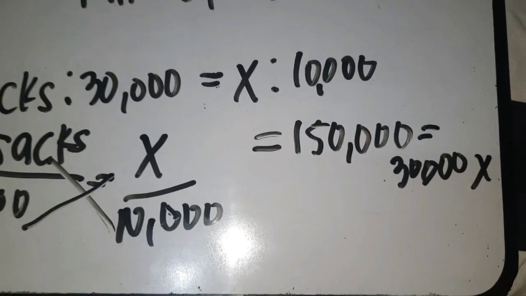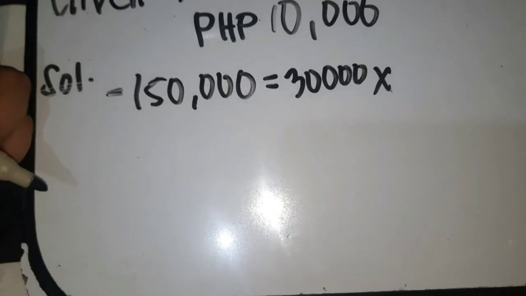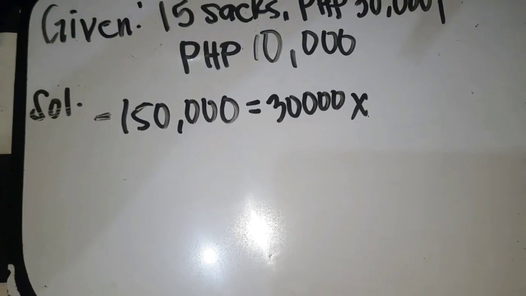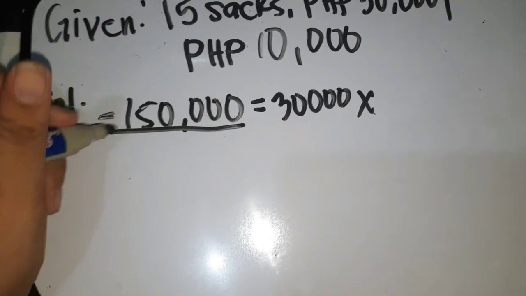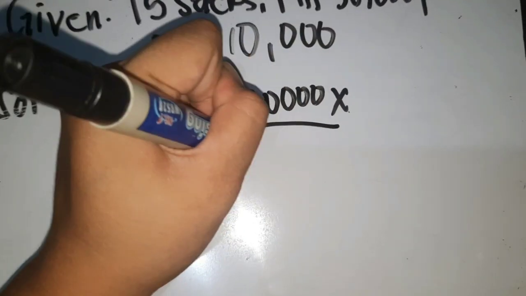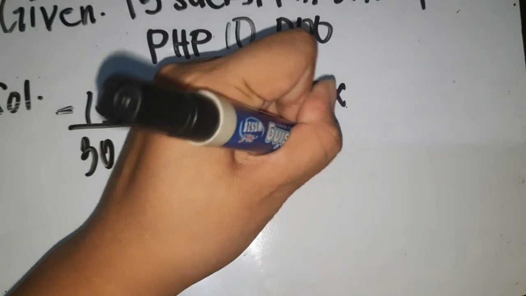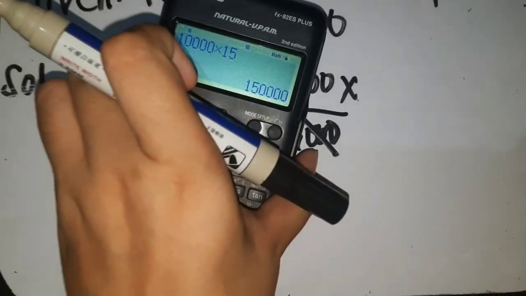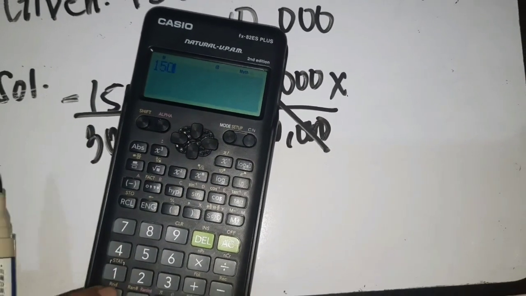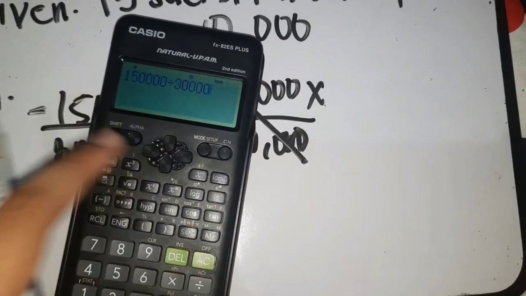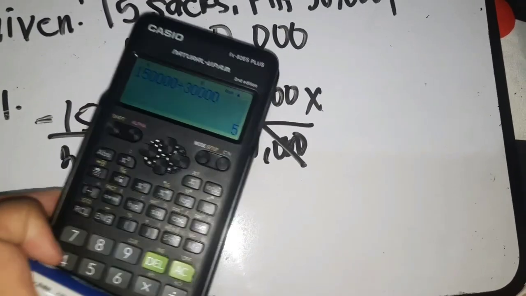For our next process, we divide both sides by 30,000. Here, 30,000 and here also 30,000; we just cross it out. Then we divide these two: 150,000 divided by 30,000. It becomes 5.